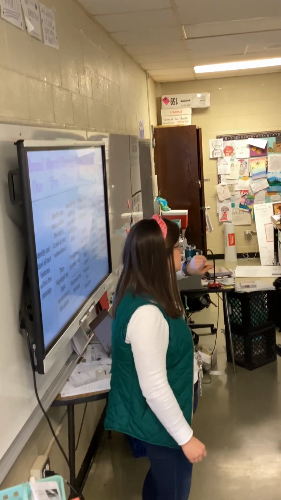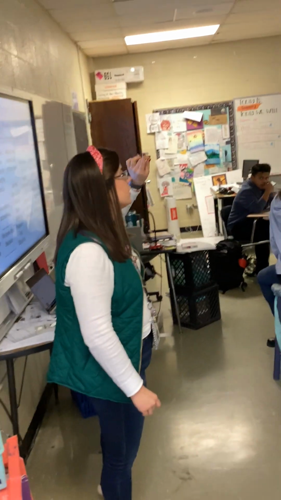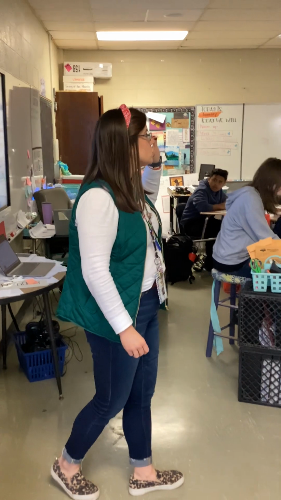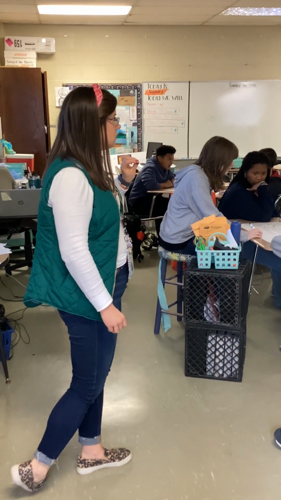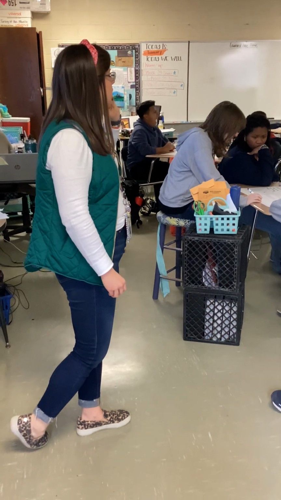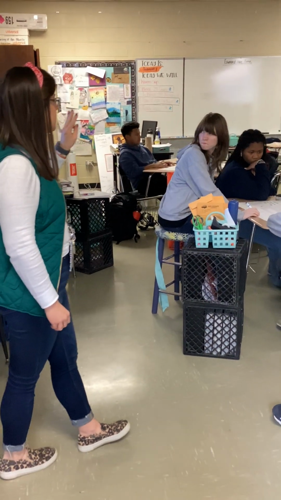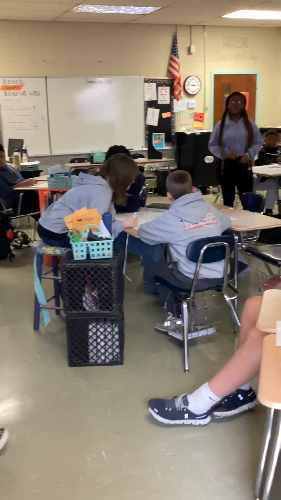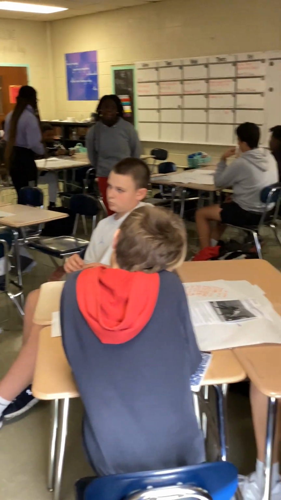The central idea has been written for you. You're going to go through the article and underline and star 3 pieces of textual evidence. What questions might you have? You're going to have 5 minutes.